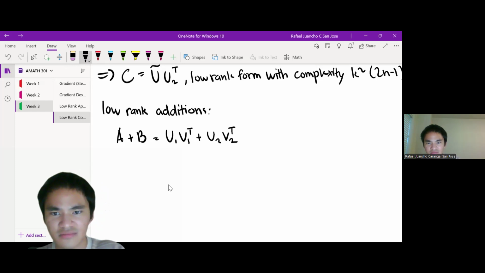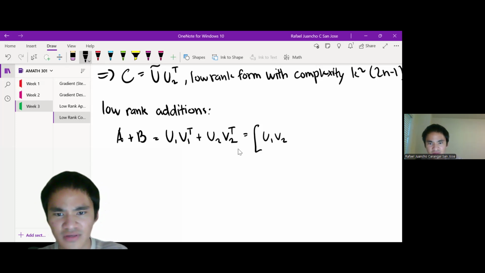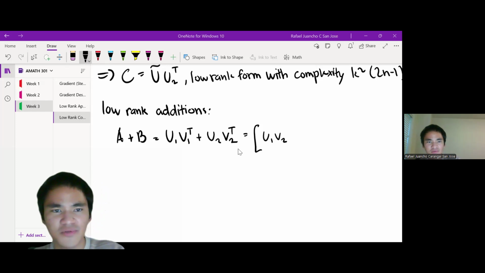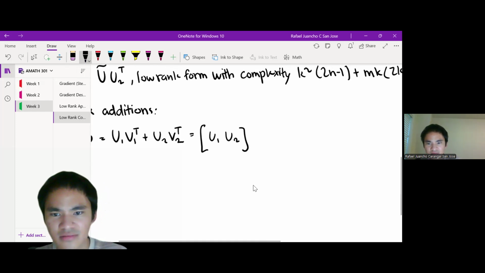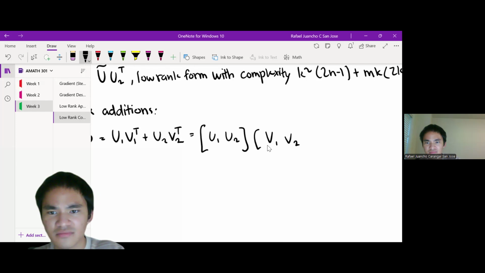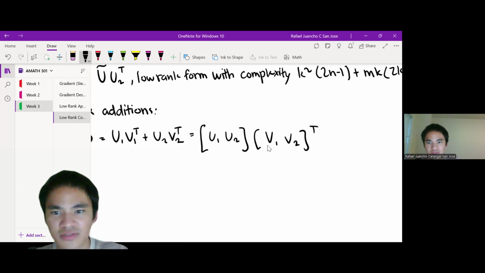And from there, let's decompose this. U sub one, U sub two, right? And then, well, here I have V sub one, V sub two. This is transposed.